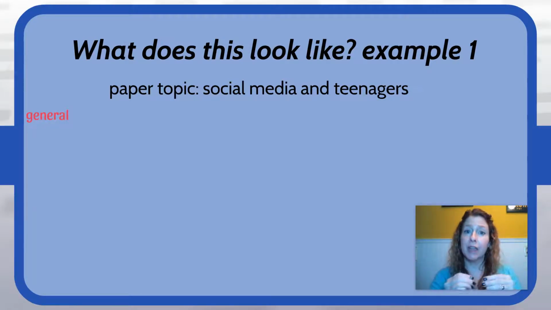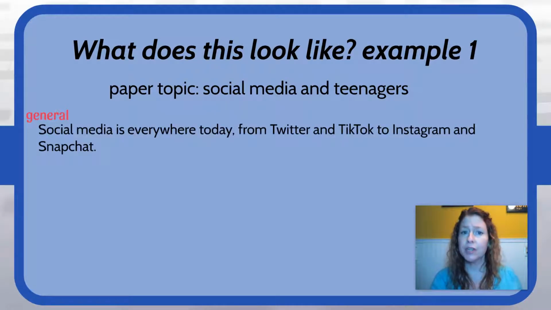Just think, it can be a statement that anyone else in your class that had the same topic assigned to them could use in his or her paper. So here's an example of a general knowledge statement. Social media is everywhere, from Twitter and TikTok to Instagram and Snapchat. General statement about social media.